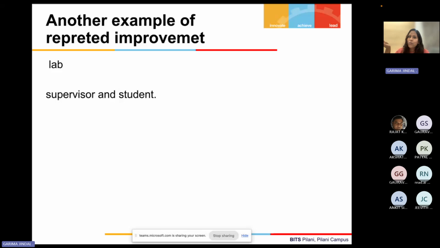Because I am growing in my career, even my guide is growing in career. Because he is growing, even I am growing. So this is repeated improvement in the network. This phenomenon of repeated improvement is usually seen in social networks, and today we will try to see how we can quantify this repeated improvement in the networks.